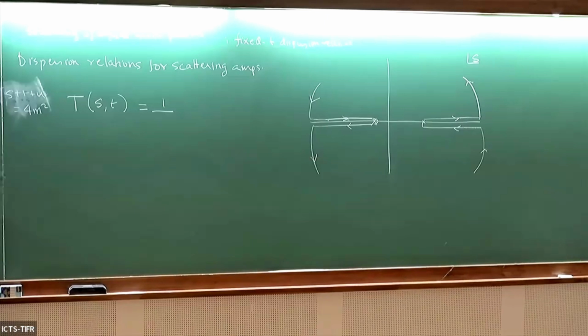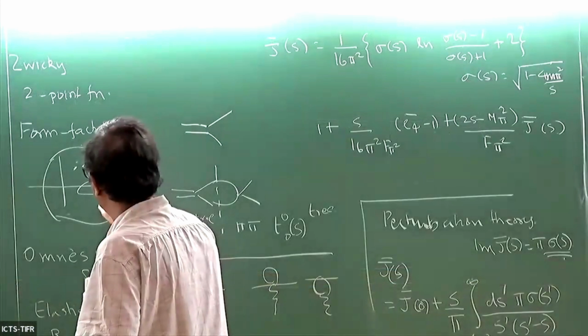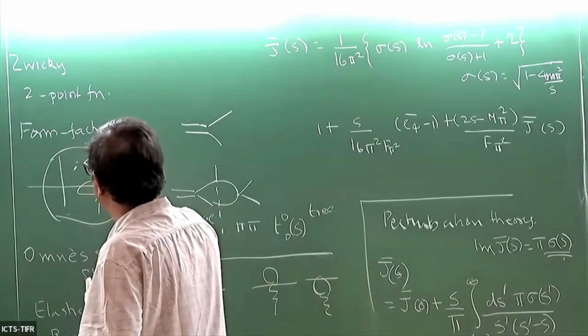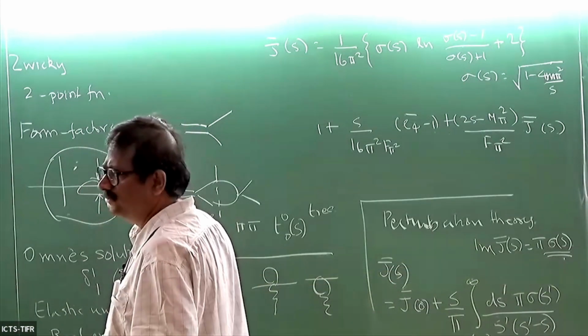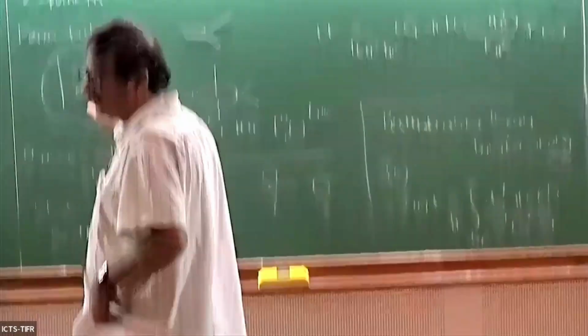I had said in the context of the form factor that it was very important for us to apply the Schwarz reflection principle, which did some wonders for you. The Schwarz reflection principle said that if you approach the cut from here and you approach the cut from here, then the difference between the two is going to be twice the imaginary part, isn't it? And you'll remember that.